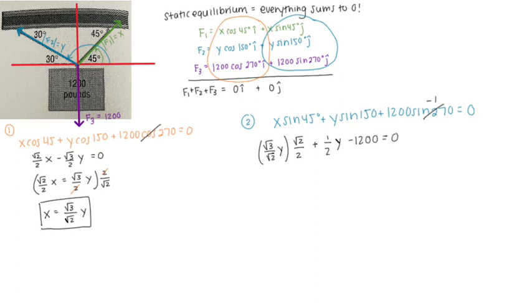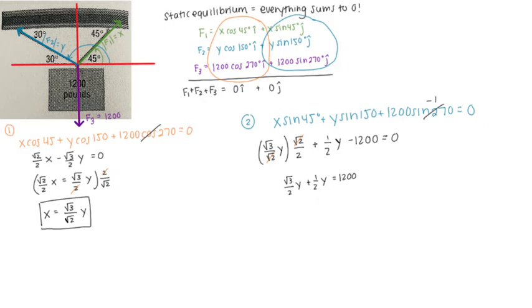Now I'm going to start combining like terms and seeing what we got. In that first term here, the square root of 2's cancel on the top and the bottom. But I'm also going to move that negative 1200 over to the right-hand side. And what we end up with is root 3 over 2y plus 1/2 y is equal to 1200. And so I'm going to combine those two y's together, and keep the square roots the way that they are.